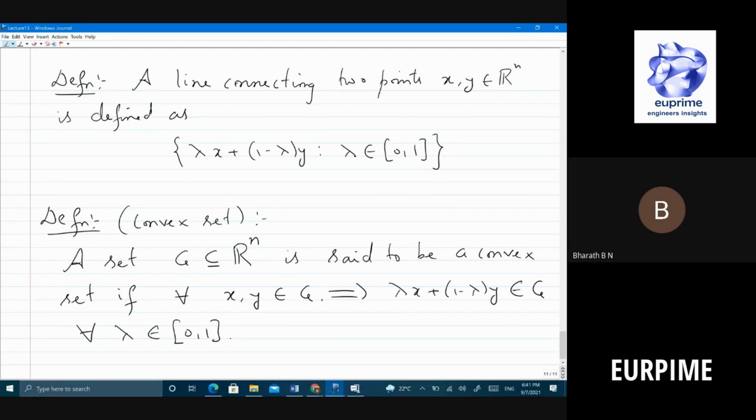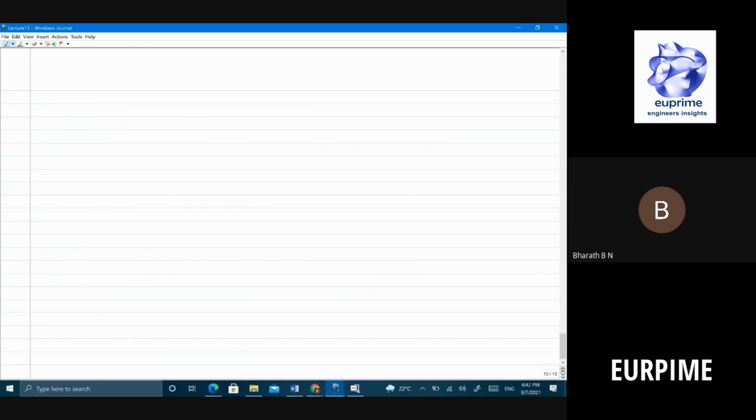So let's look at a few examples, otherwise it doesn't make sense. Now let's look at a ball in Rn. Do you think a sphere or a ball in Rn is a convex set? Yes, you take any 2 points.